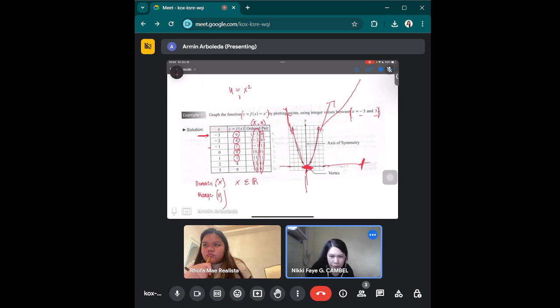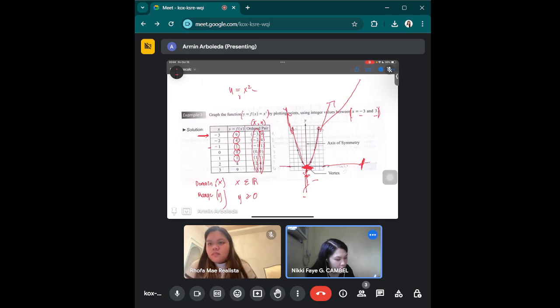So what is going to be your y? Your y is 0, 0. 0, 0 is the vertex, but the y is going to be all the numbers above 0. Okay? For this function, our y never goes down. Because the vertex is here, you can never find y below.